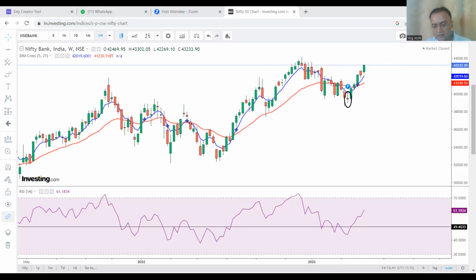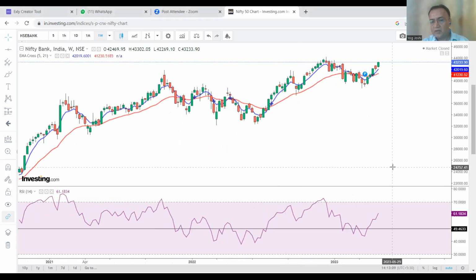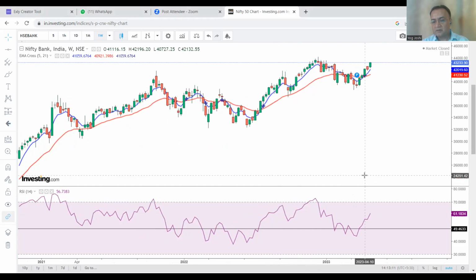A doji is a neutral situation, a tie between bullish sentiment and bearish sentiment, and after that the super over is played, and this is the result of the super over: this bullish candle. So bullish candle, RSI above 50, and a positive crossover. Bank Nifty might go for upward momentum as per the chart. Clear?